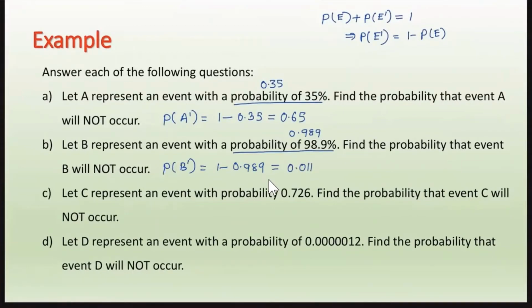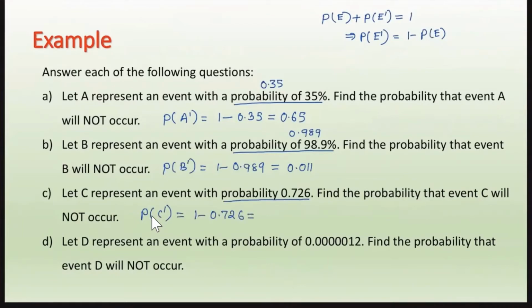If you write four decimals, in that case you can put 0 at the end. Definitely. Great. That's your B. Now look at C. Let C represent an event with probability 0.726. It's already given. That's the probability of C. We have to find the probability of not C. That is, probability of not C, or C prime, is equal to 1 minus 0.726.